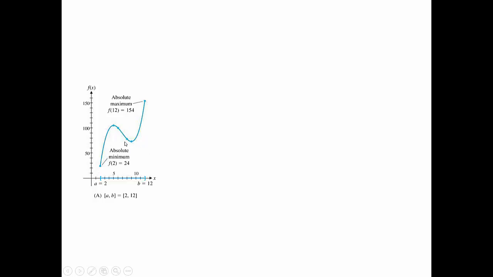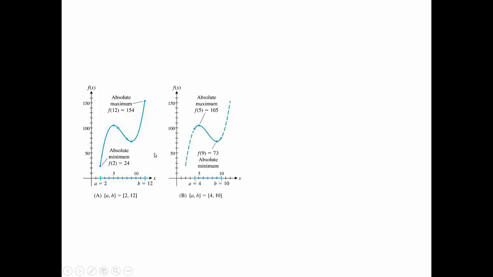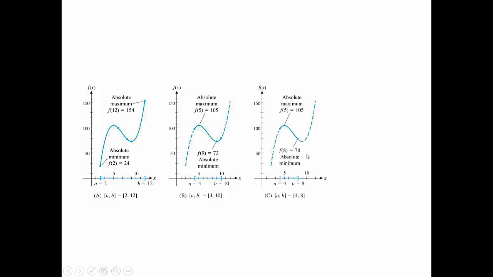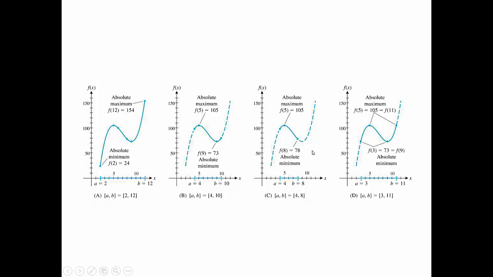These humps right here may be local max and local min, but I'm looking at my entire domain. And I can, of course, shorten this and see, well, now this would be my absolute max because it's the highest point, and my absolute min. If I don't go all the way down, it would be at my endpoint. So you can see endpoints can be your absolute max or min.